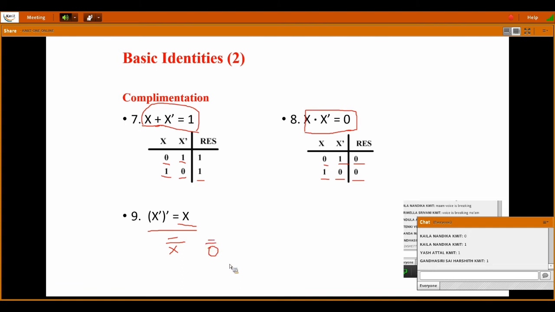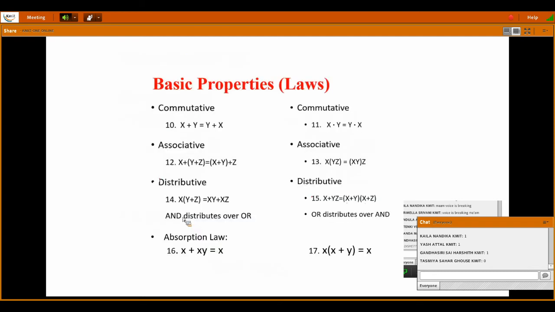The first bar, 0 bar, will be 1, and if you bar it again, you will get 0. So you are getting the same. That's why the double complement of any variable is equal to the variable itself.